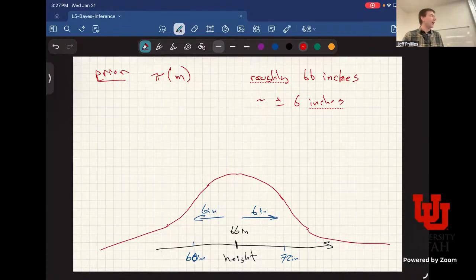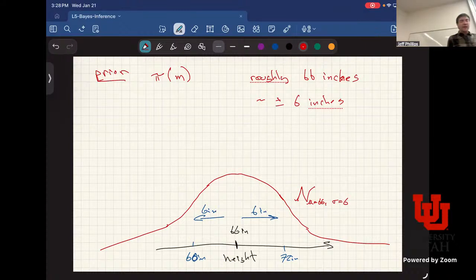This is a normal distribution. Often I write a script N, and this will have parameters mu equals 66 and sigma equals 6. So I'll say that this distribution is roughly a normal distribution.